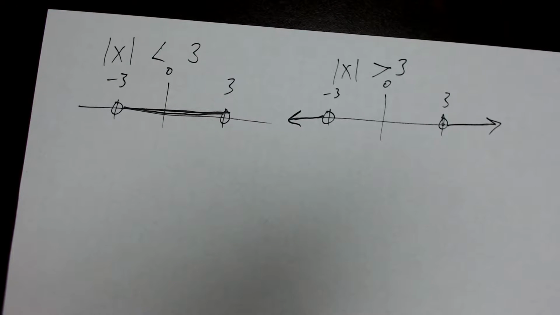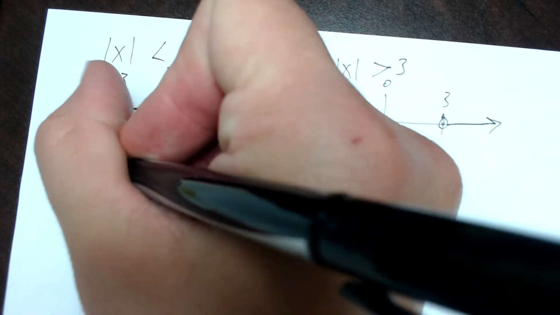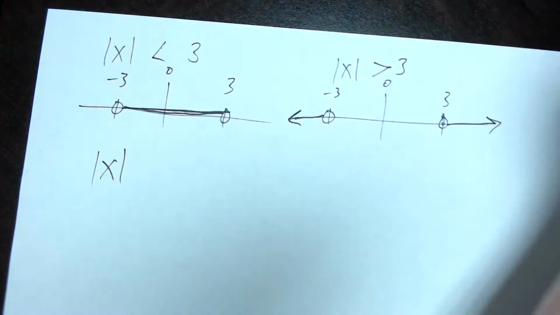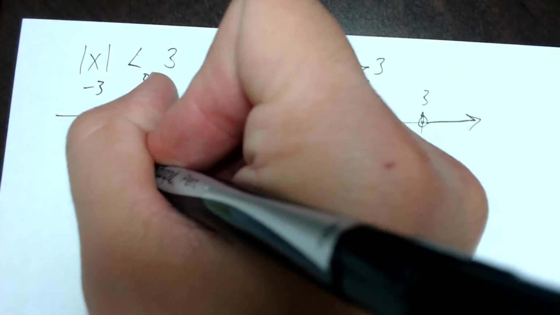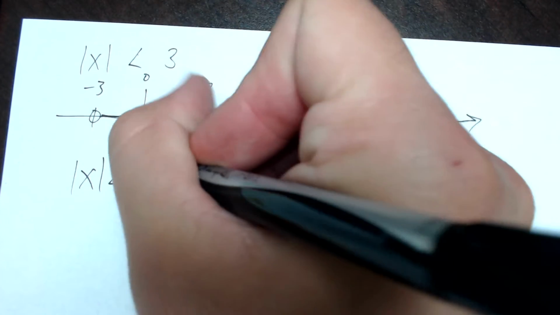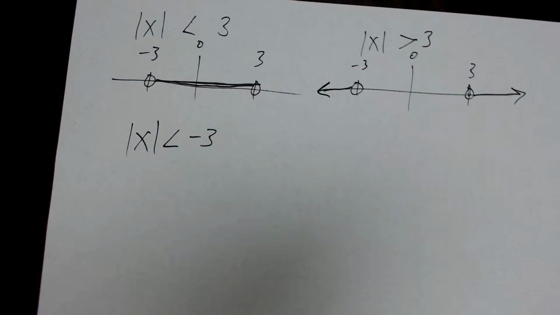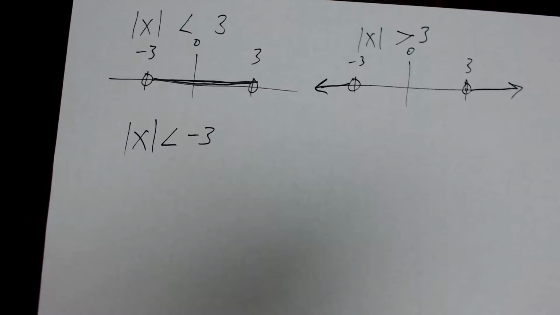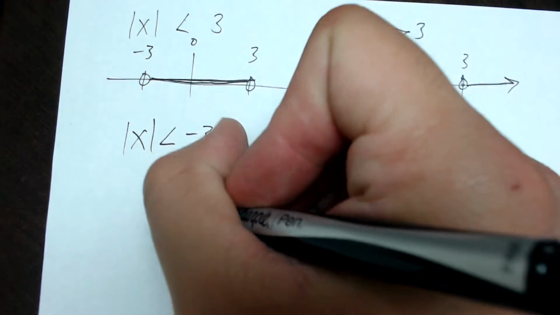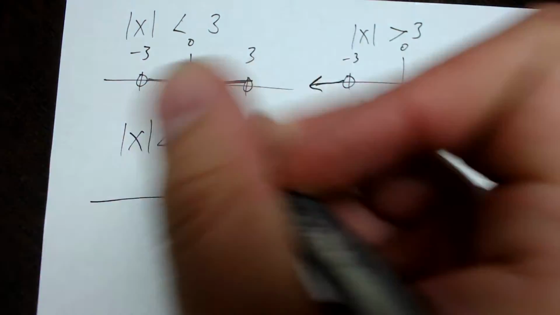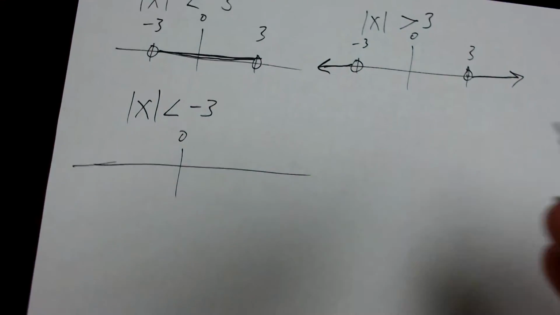There's one other rule that we have to remember, which is what if we have an absolute value set to a negative number. So this one can be a little confusing because negative numbers kind of throw it off. So what if we had the absolute value of x is less than negative 3. We still have a number line.